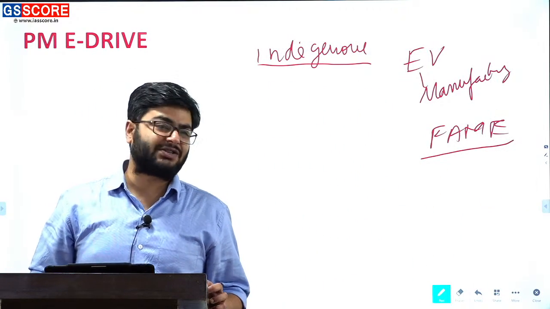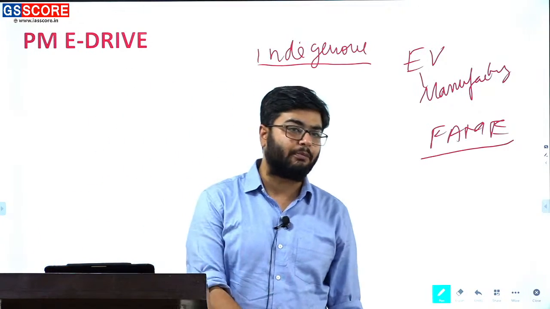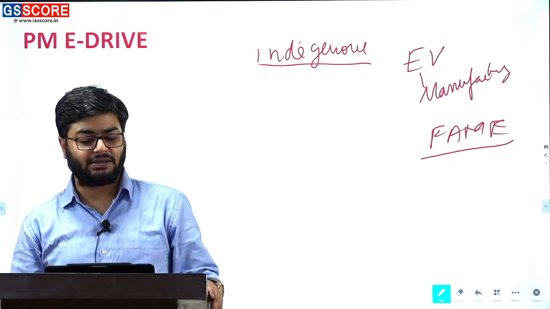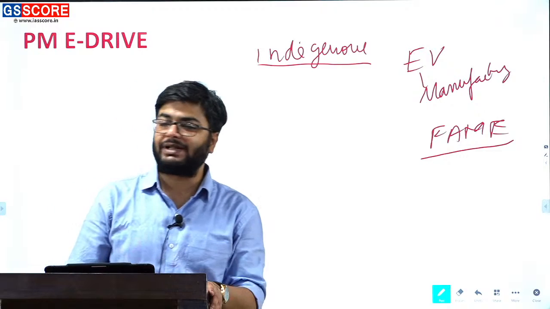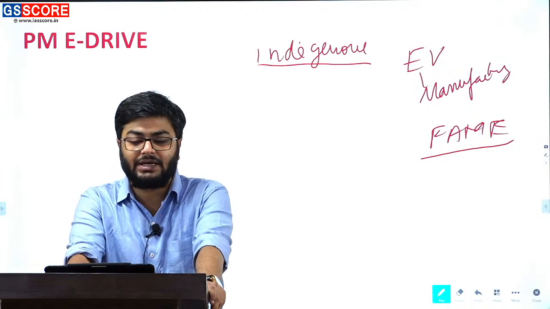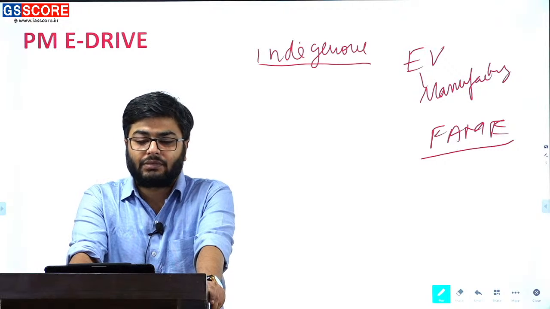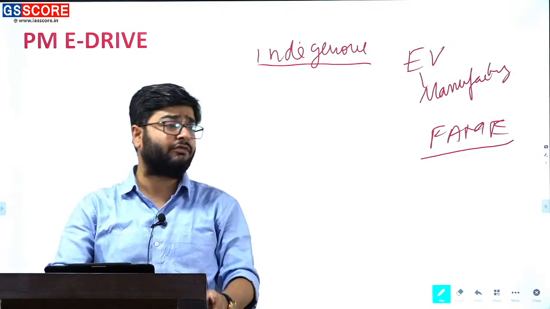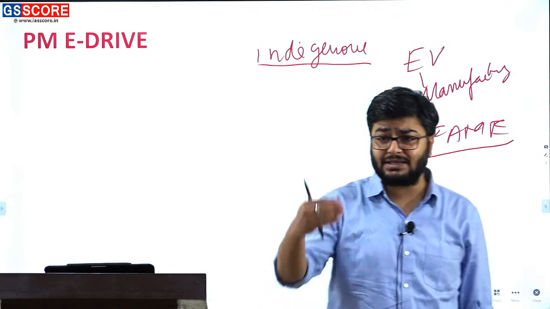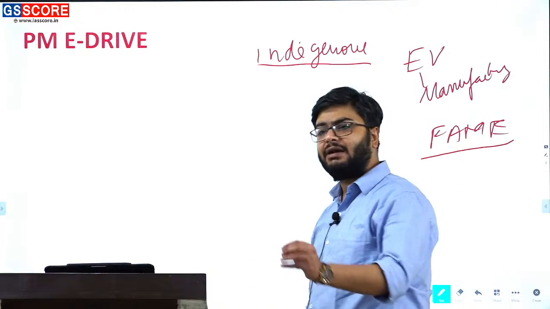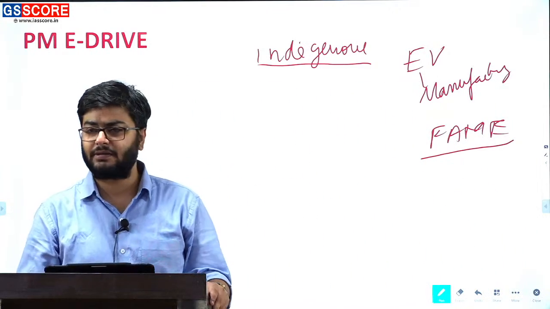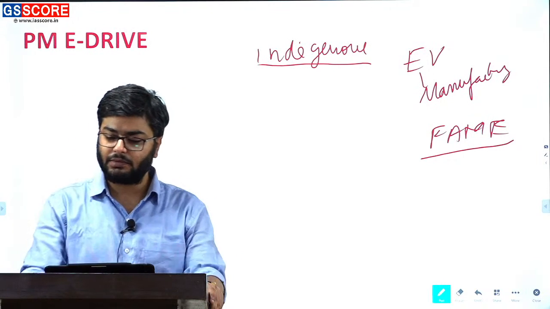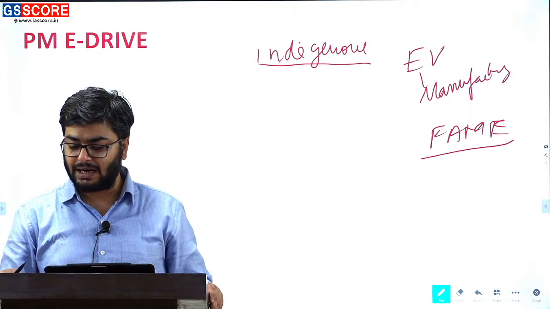Okay? So as to reduce the dependency on imported components, whether it is related to actuators, whether it is related to the batteries, right? And to strengthen the electric mobility ecosystem in India by creating a sustainable and efficient supply chain. Mind you, all of this data will be available on these schemes' website, right? And Vikaspedia. Don't go for scrupulous sources. All right, so keep that in mind.